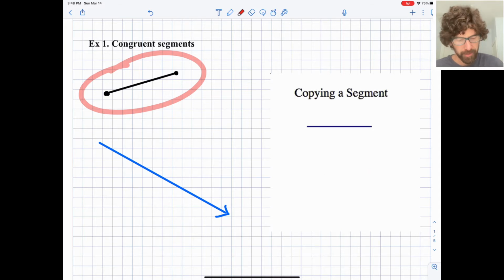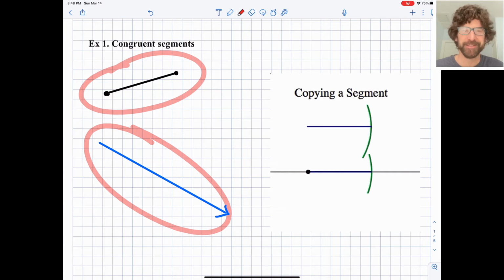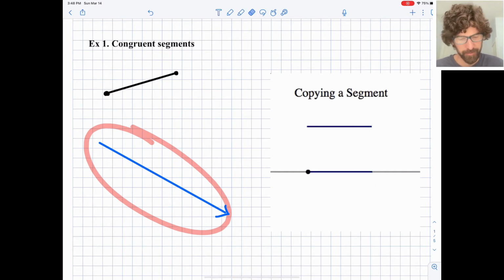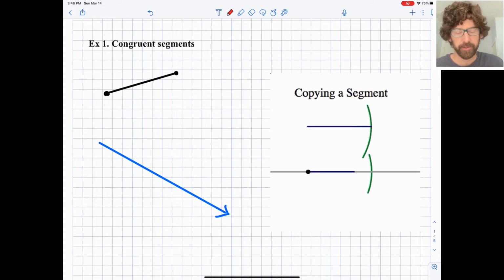Here we have a blue ray on which we're supposed to construct our new segment, identical in length to the black segment. You might be thinking, how in the world can we do that, because we're not allowed to measure anything? But we can set our compass to a particular size based on what we're given, and then transfer that length over to a different location.